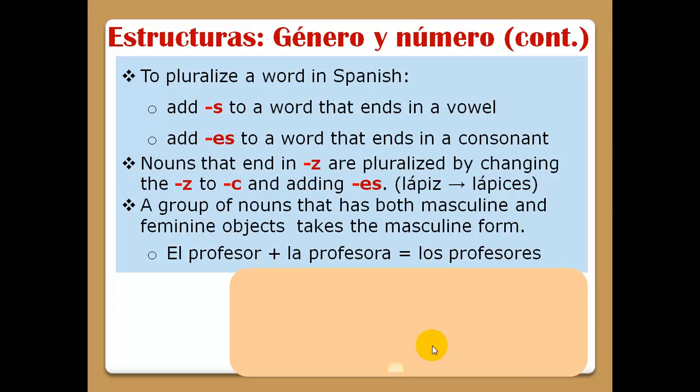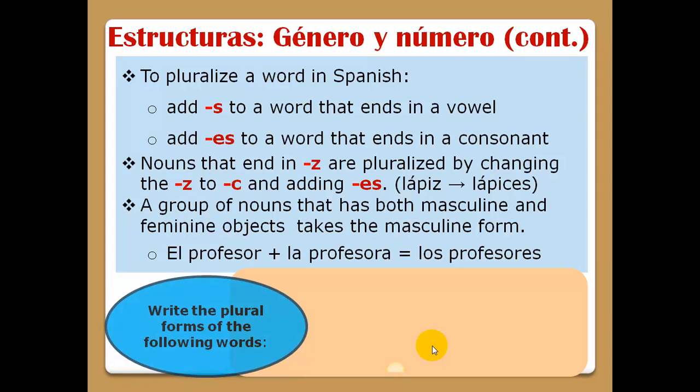Another example, el profesor and la profesora, so the male teacher and the female teacher. If we want to talk about them as a group of people, plural, we'll call them los profesores. That's masculine because of the male teacher.